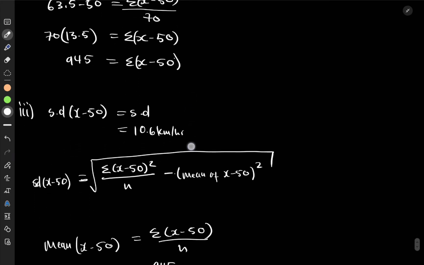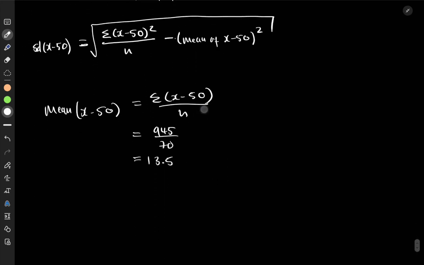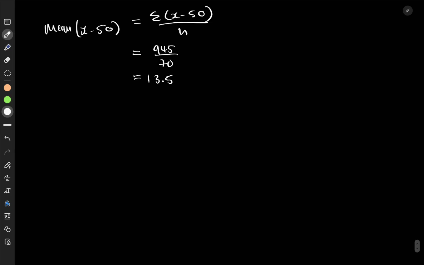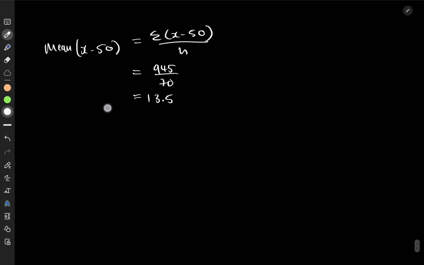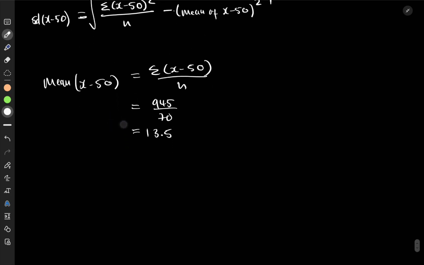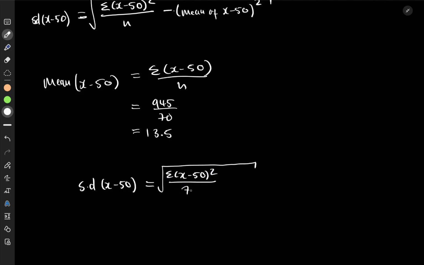Now we can say the standard deviation of x minus 50 is equal to the square root of the summation of x minus 50 squared over 70, minus 13.5 all squared.